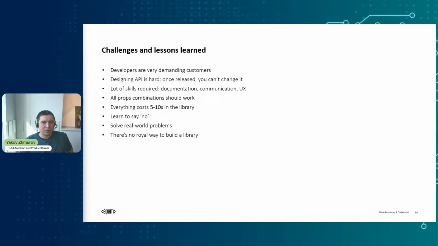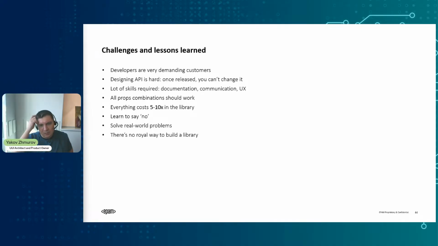And moreover, you need to check all these combinations, like whether a borderless red button with size 54 was broken somehow. And the number of these combinations can grow extensively. So you can have a combinatorial explosion of them.